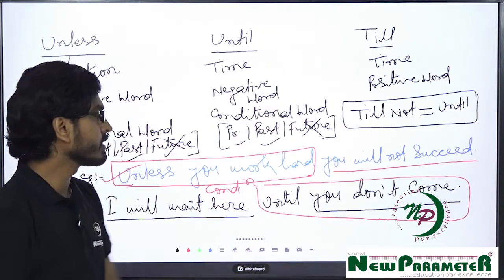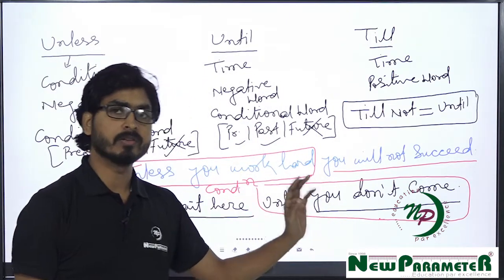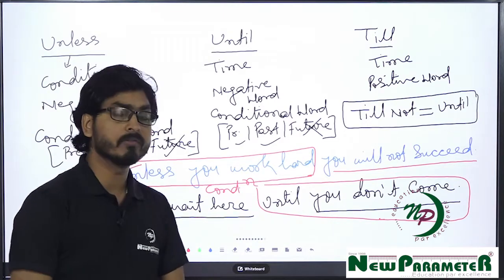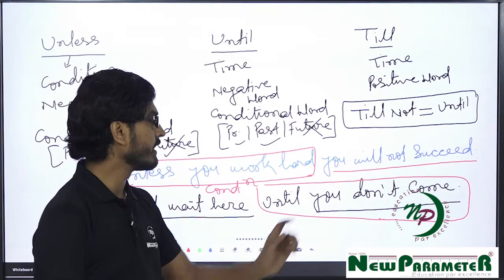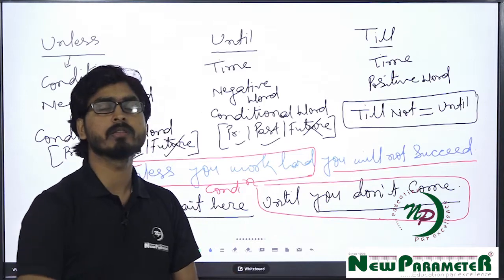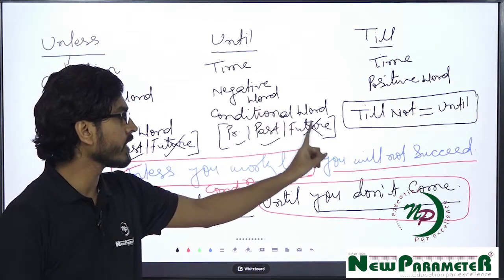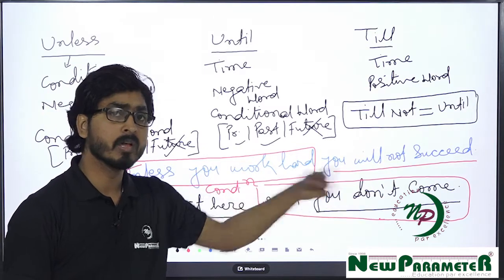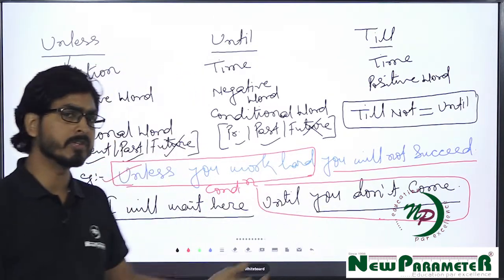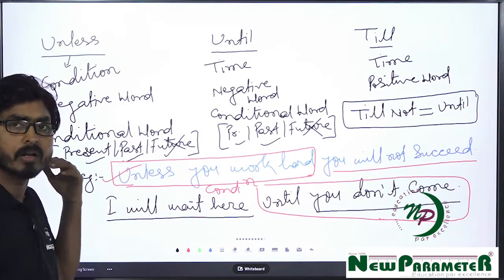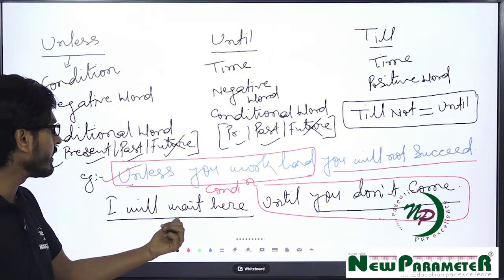So in this clause, is there any future tense? Not at all, sir. Is there any negative word? Yes, sir. We have don't. So this sentence is wrong because until is a negative word. We cannot use a negative word in this clause. But we can use any negative word or future tense in the other clause, like I will wait here.